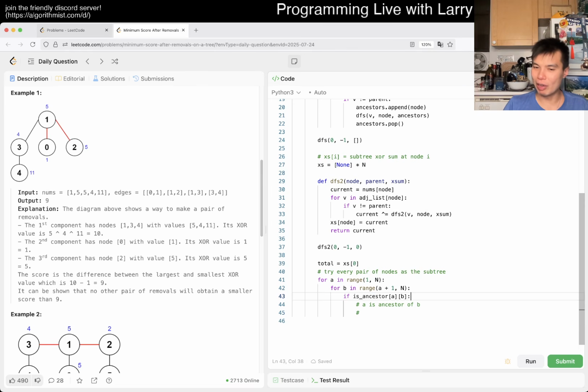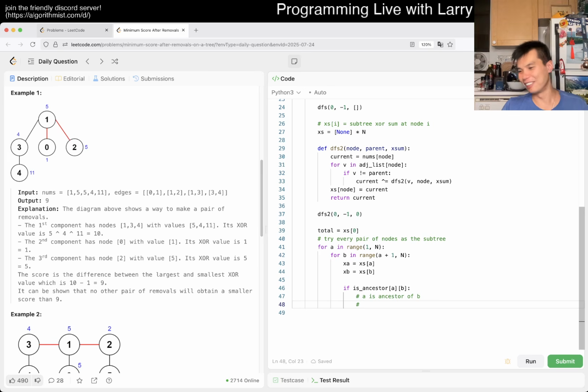okay, you have three parts. You have total, which we have here. And then maybe x sum of A is equal to XA, x sum of B is equal to XB. A is ancestor of B, I guess this is always going to be true, so we can put it here. But I need to draw it again almost.